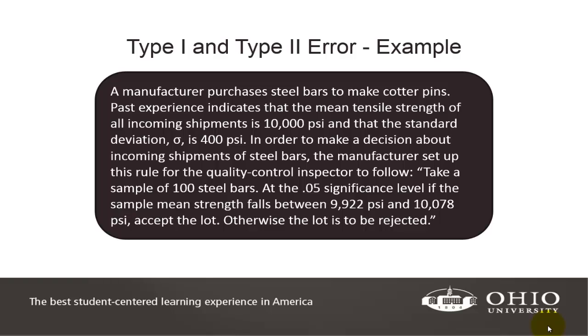So based on the 5% level, and I'll show you how we get these later, it turns out that if the tensile strength is less than 9,922 pounds per square inch or greater than 10,078 pounds per square inch, then we're going to send the lot back. If it's between those two numbers, we're going to keep the lot and assume it's okay.